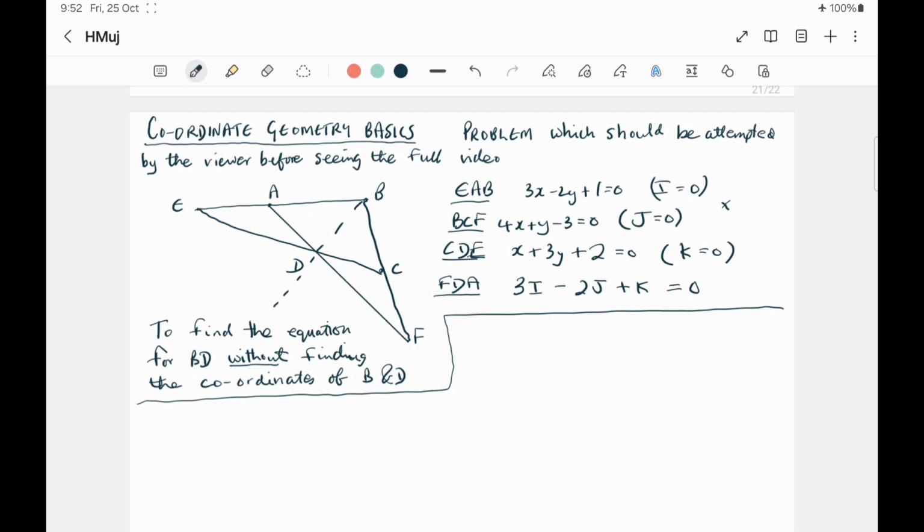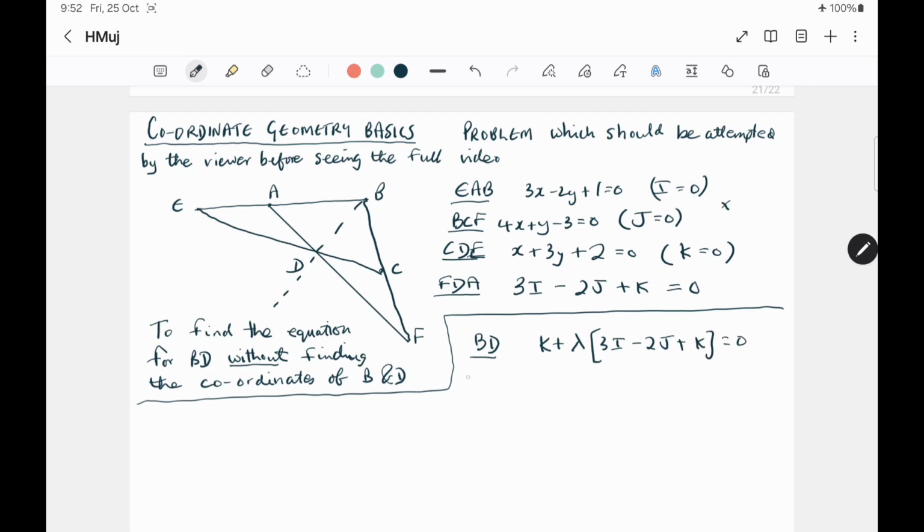But I'll continue now. And first of all, I'm going to use a result which I did in a previous video about the intersection of 2 lines and a third line going through them. So the equation of BD can be written as K plus lambda (3I minus 2J plus K) equals 0.